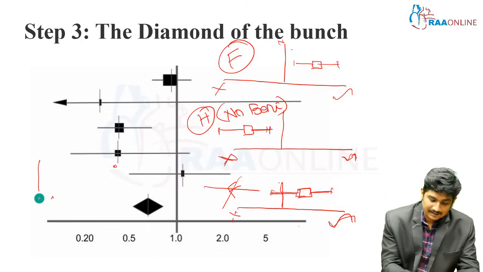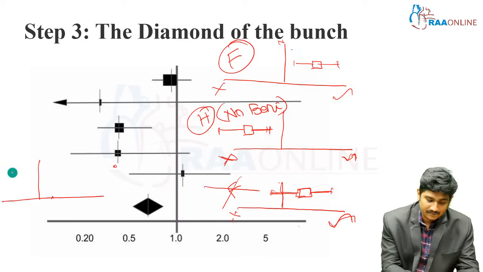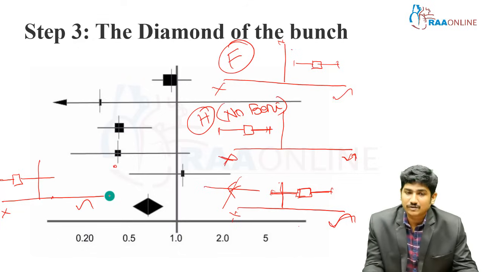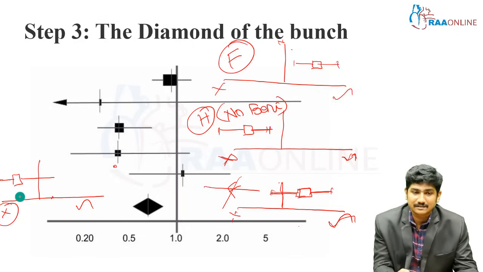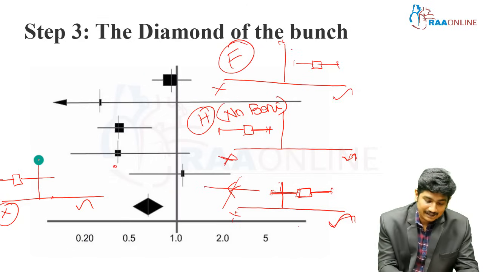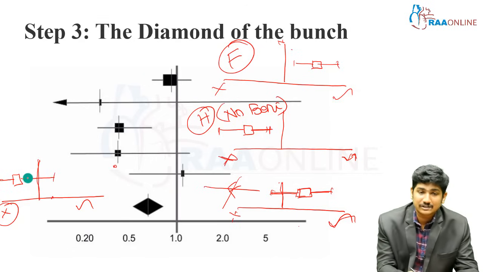Now coming to the fourth understanding. So what is your interpretation of this figure? You have a study with this as your population and this as your 95% confidence interval, and this intervention has shown harm or no benefit. Though it is showing harm or no benefit, still I cannot consider this to be a valid outcome because my null line is just inside your confidence interval.